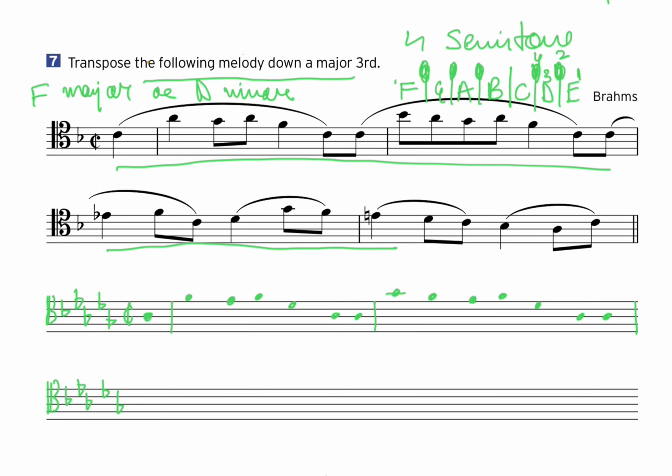Shift down. G is the accidental, B flat. Again, the accidental is there. Natural. Here we finish it.